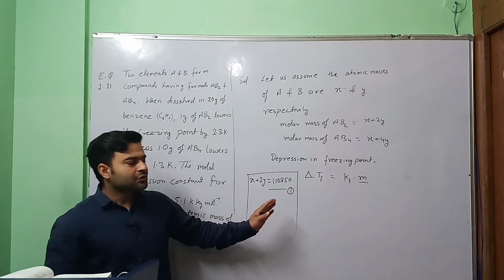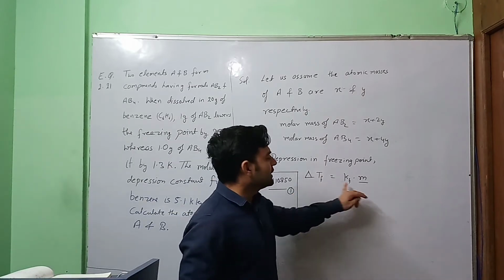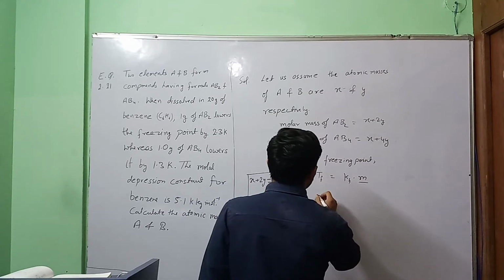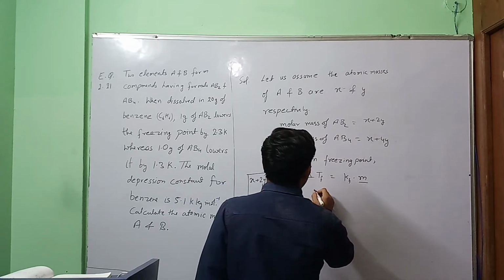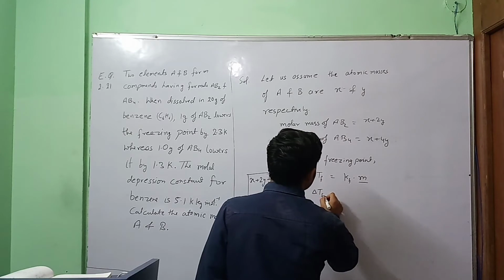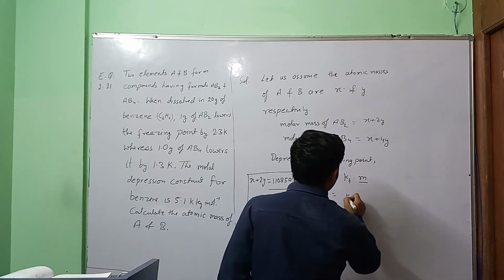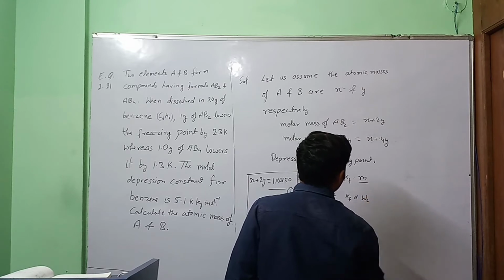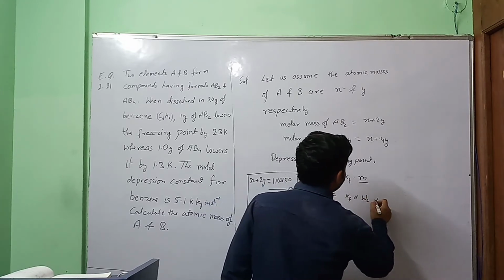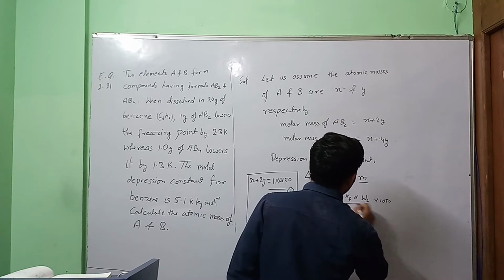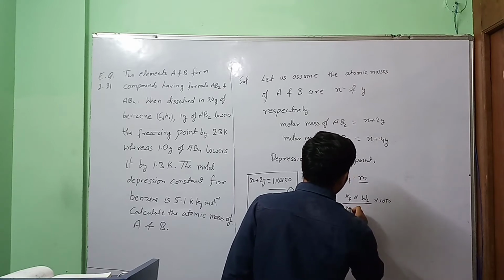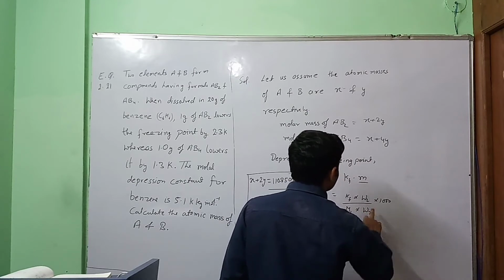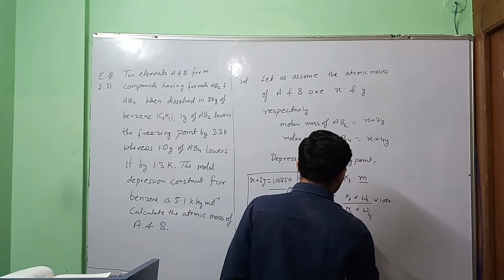For the second solute we will start from here: delta TF equal to KF into M. Now delta TF we can again write as KF into W2, mass of solute, into 1000 upon M2, molar mass of solute, into W1, mass of solvent.